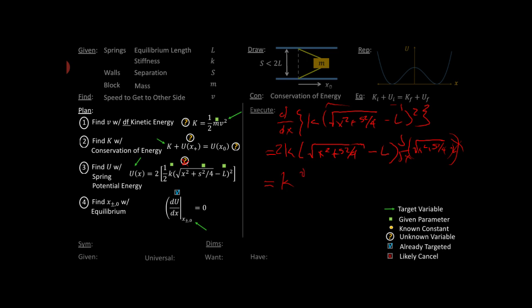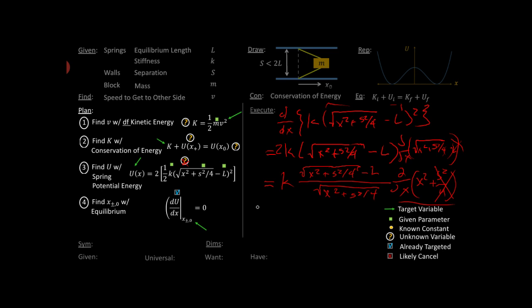And then in the numerator, I'll have the x squared plus s squared over 4 minus L. In the denominator, I'll just have the square root of x squared plus s squared over 4. And that'll then be one more chain rule, which is ddx of whatever's on the inside of that square root, which is x squared plus s squared over 4, right?